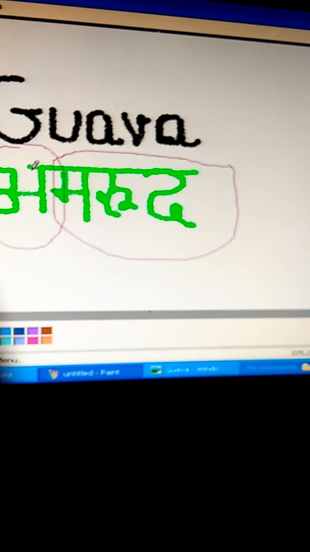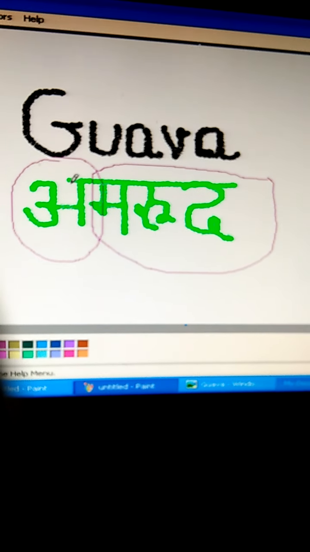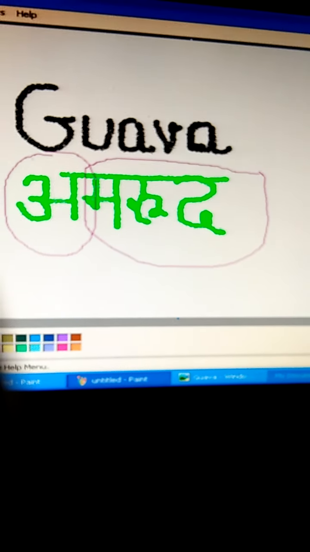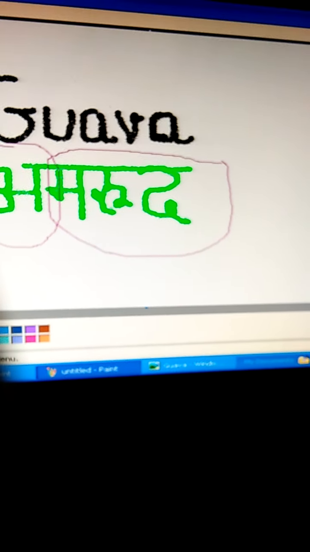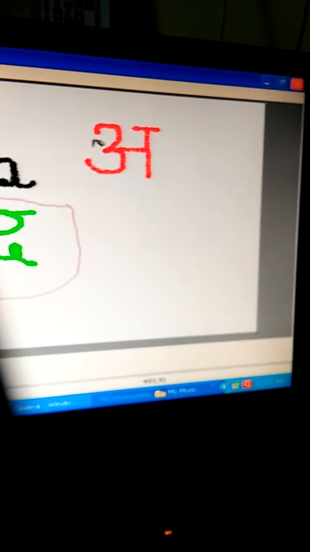So today we have learned to write A like this. This is A.